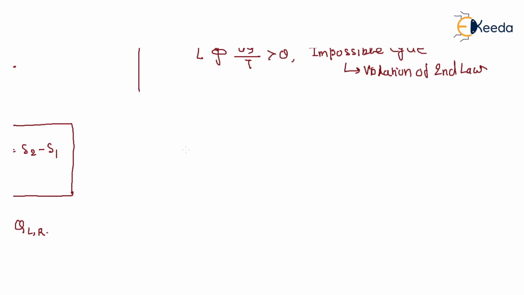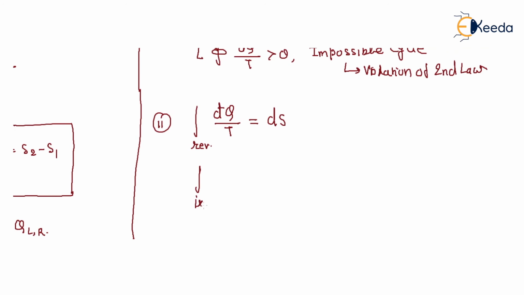Right? So this is your one point. Now the second point is that for a reversible process, dQ by T is your dS, right? And for an irreversible process, dQ by T is less than dS.